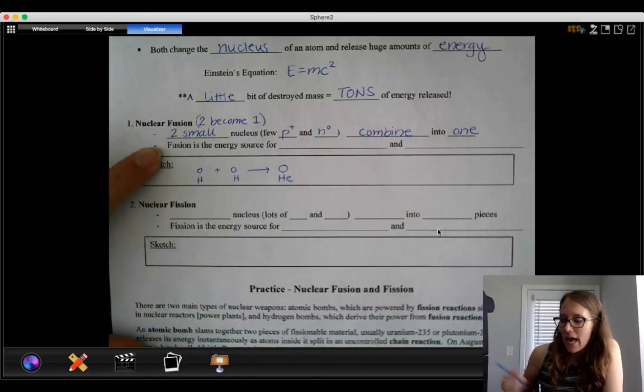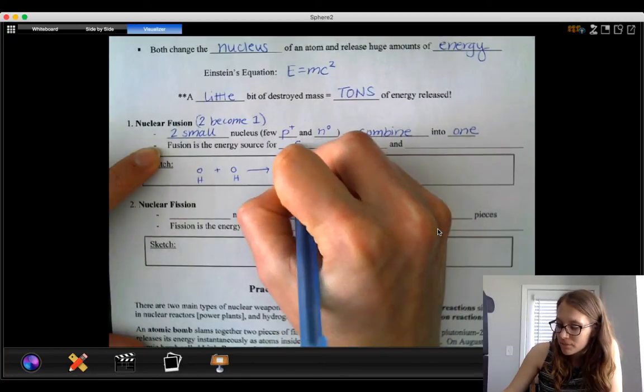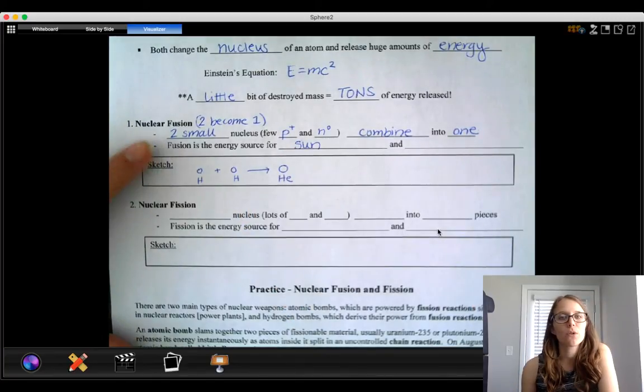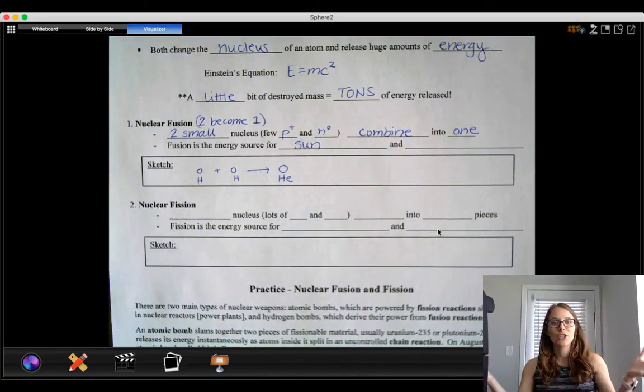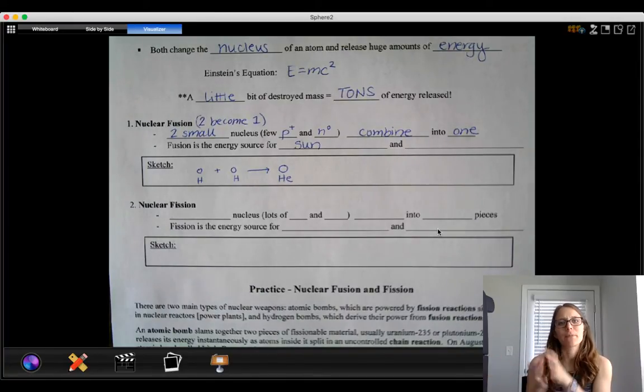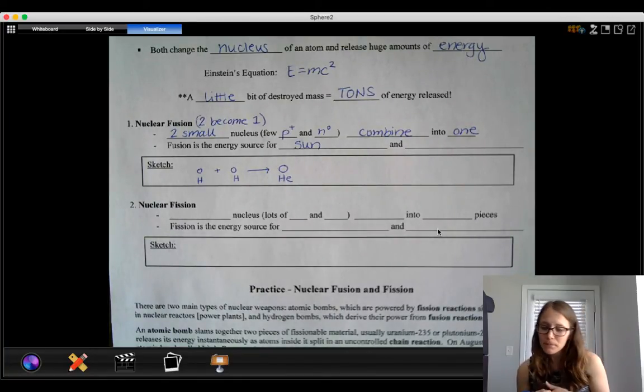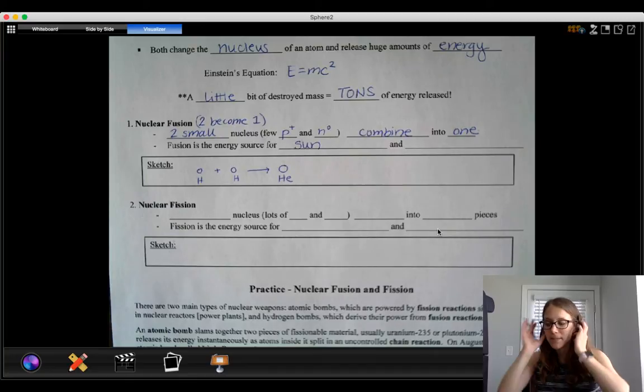Fusion is the energy source for the sun. So that's where we see this most in everyday life. The sun takes hydrogen and fuses it to form helium, and it takes helium and hydrogen and fuses it to form lithium. And this process continues up until the elements start to get bigger and bigger, and there's not a ton of small elements left. At that point, our sun, or suns in general, stars, start to die when they run out of fuel, because they run out of small things.